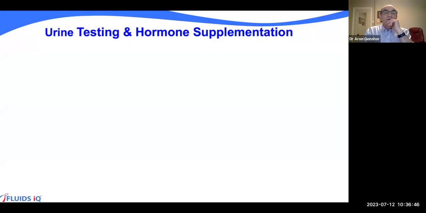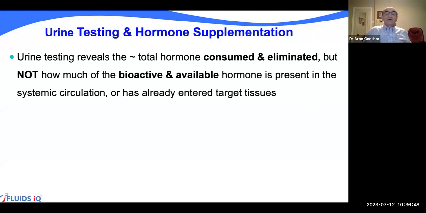That is extremely important. So urine testing reveals the total hormones that are consumed and eliminated, but not how much of the bioactive and available hormone is present in the systemic circulation.